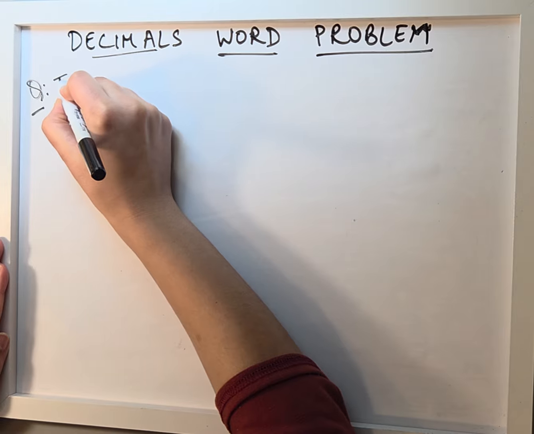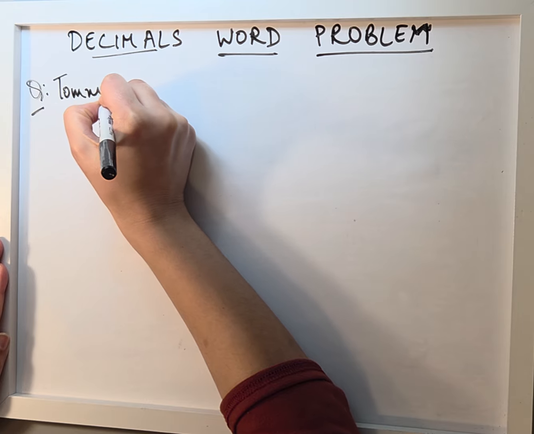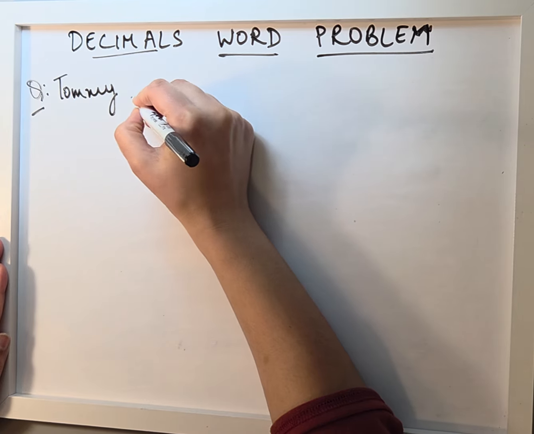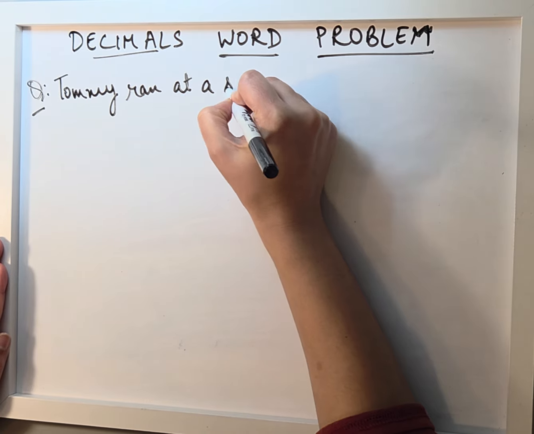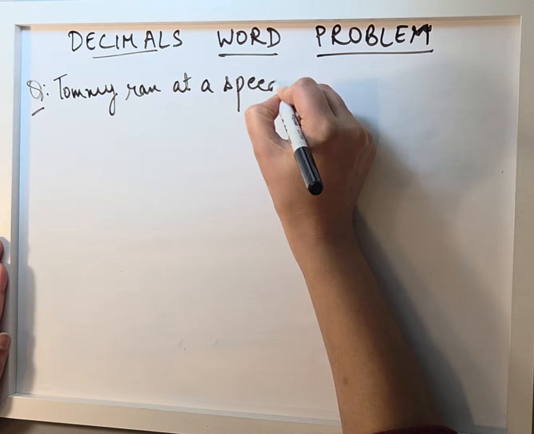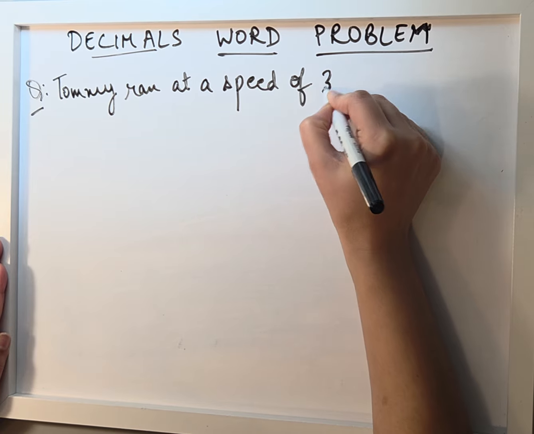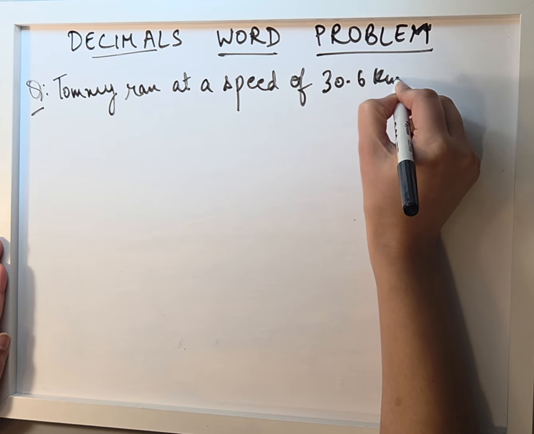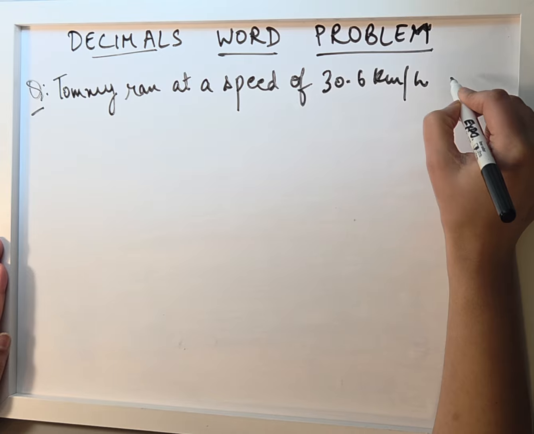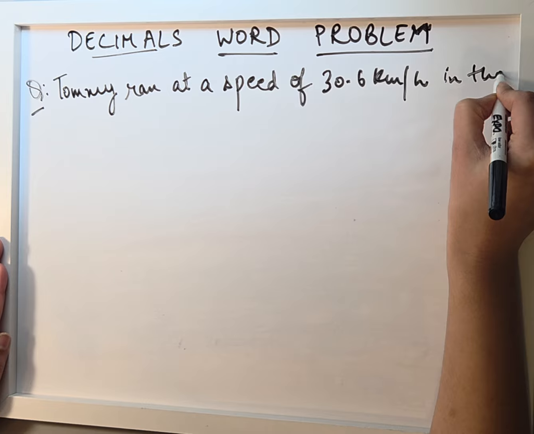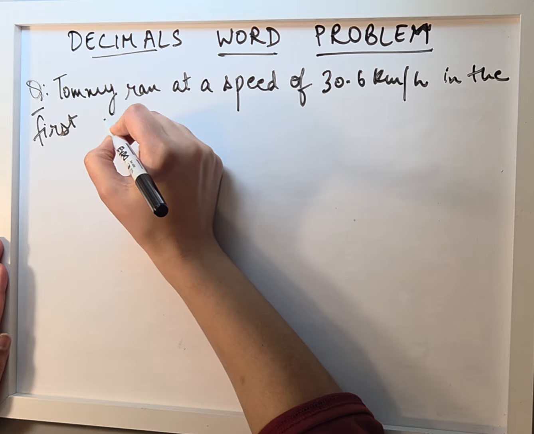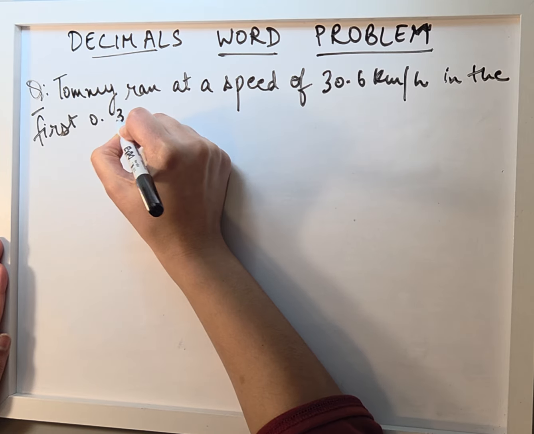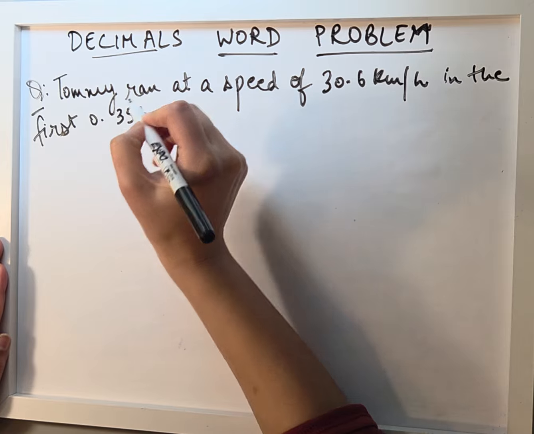Okay. So Tommy ran at a speed of 30.6 kilometers per hour in the first 0.35 hours.